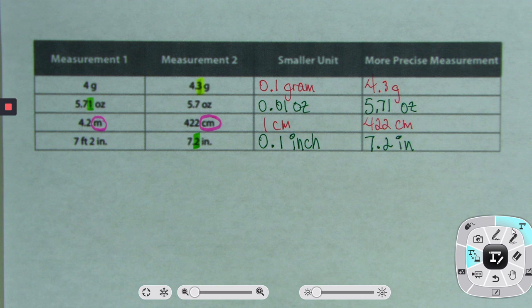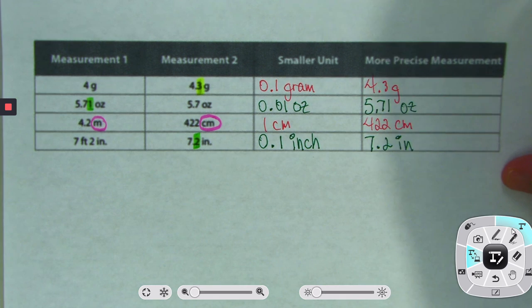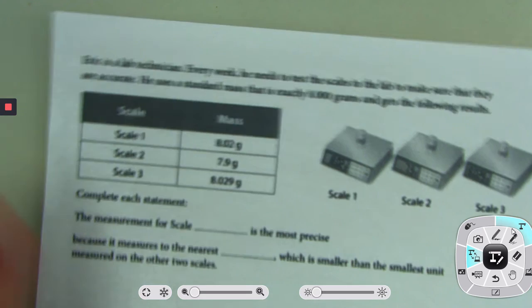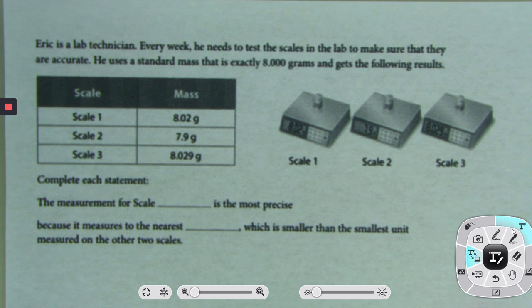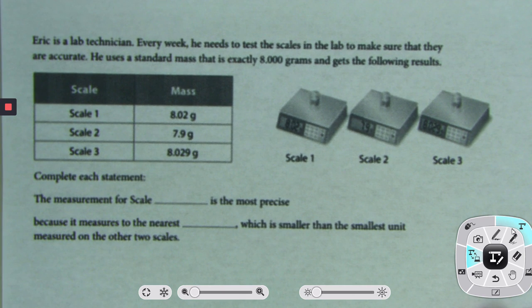Now, how does that contrast with accuracy? Let's talk about that. Look at another example. Suppose that we have 3 scales.